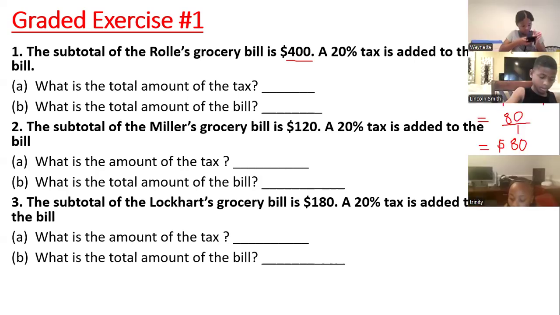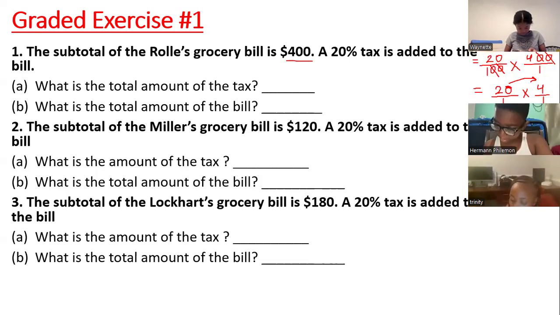Where's Lincoln? What number are you on now? Number 4 still. Number 4 still, okay. Number 1, A and B is right.